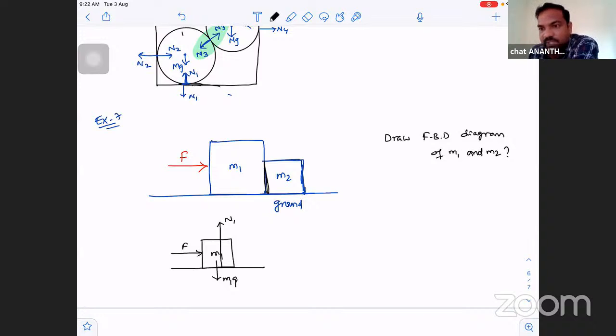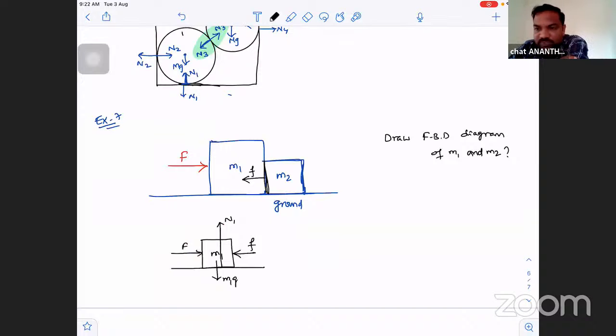But that normal reaction we write as contact force. M2 will apply the force on M1, so this will be the contact force acting between M1 and M2. Contact force, normal force, normal reaction, you can call it any way. Ultimately, the force will act perpendicular to the contact.